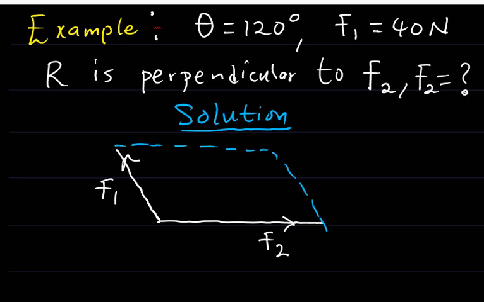All of this is 120. So the resultant will be the diagonal. Let me draw that well. So invariably, this becomes the resultant. Oh, please pardon me.